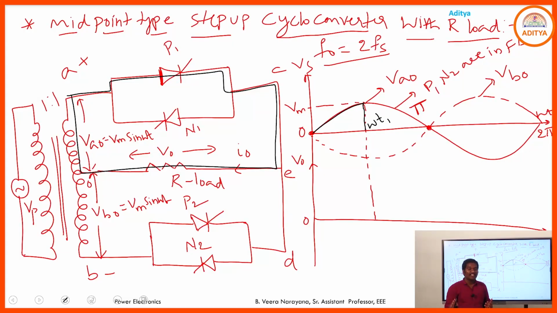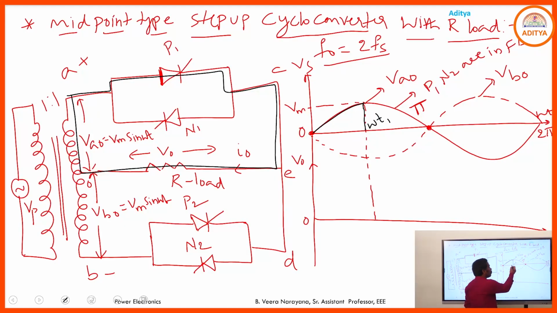Whenever the circuits are energized by a DC source, we prefer forced commutation. We forcibly reduce the current flowing through the SCRs below the holding current. If the circuits are energized by an AC source, then line commutation or natural commutation is sufficient to turn off the thyristor. But especially in this step-up cycloconverter, even though the circuit is energized by the AC source, you need to use forced commutation to turn off the thyristor. So at omega T1, by using some external forced commutation circuit, we turn off P1.